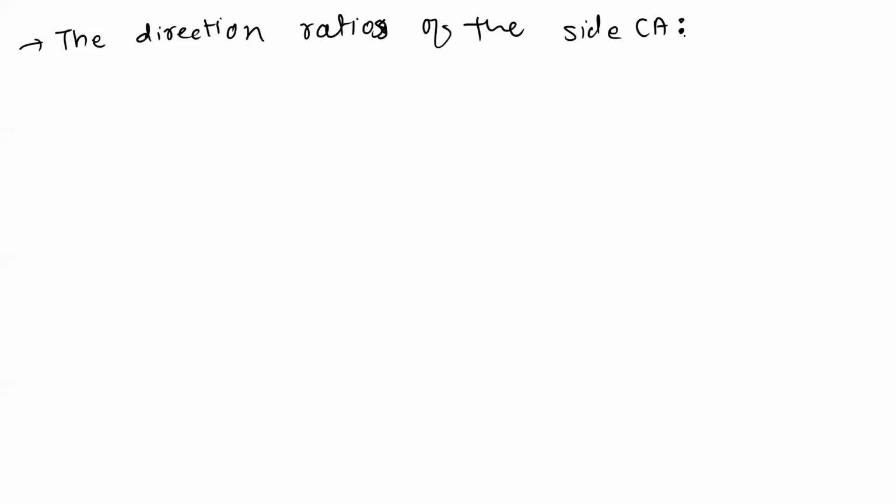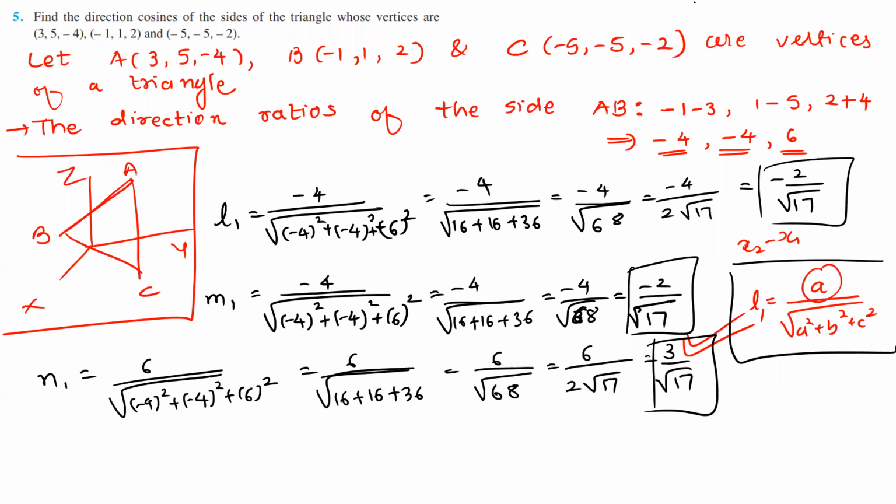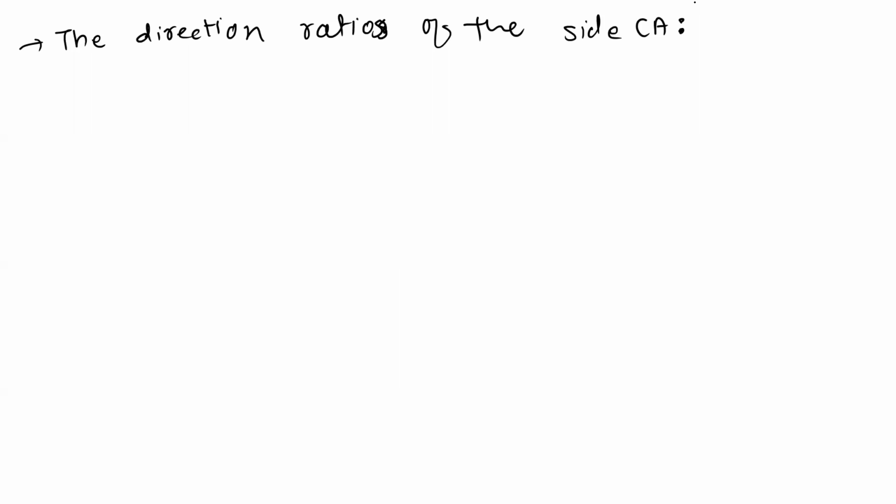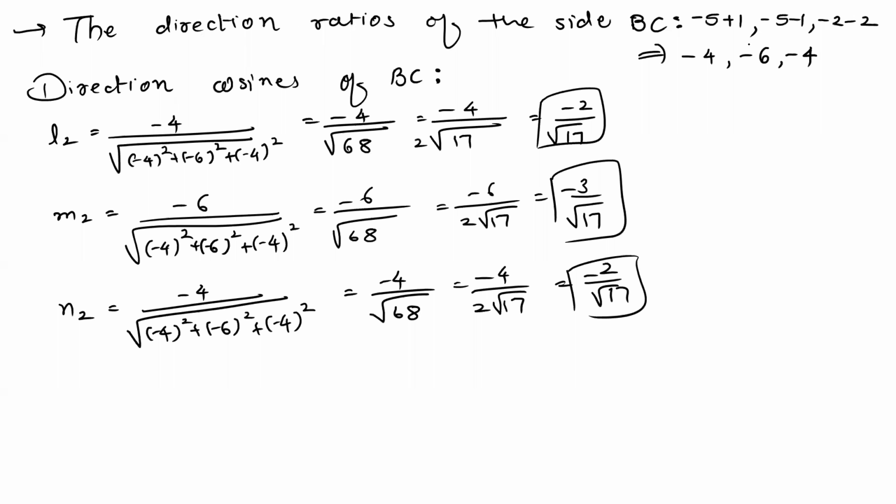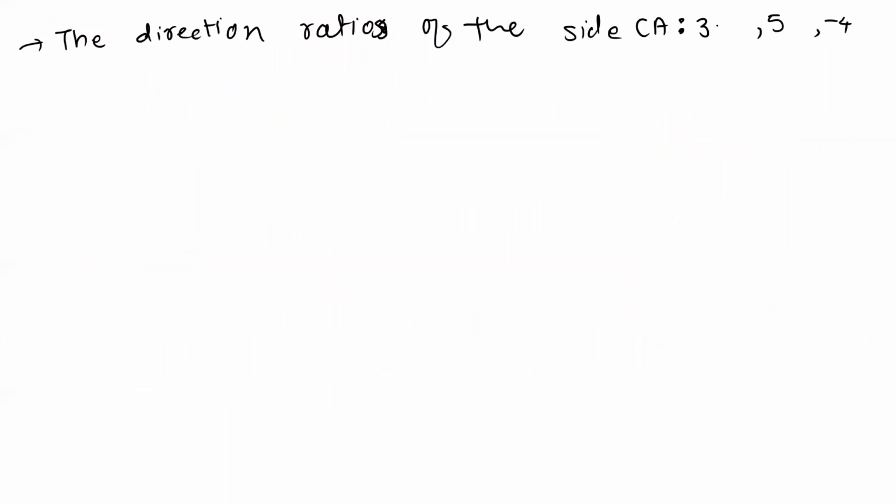CA means the coordinates of A minus C: 3 minus -5 is 8, 5 minus -5 is 10, -2 minus -2 is 0. Consider these as A, B, C.